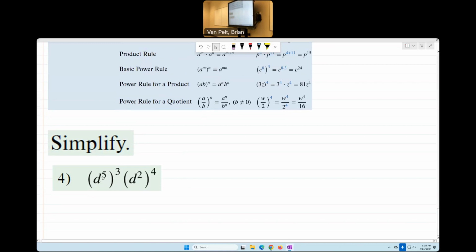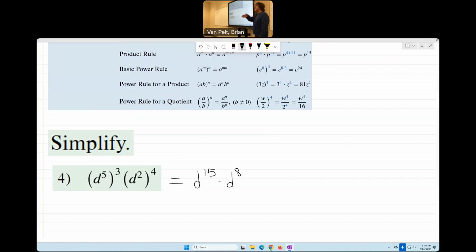What could I do with d to the fifth to the third power? The basic power rule. Well, you can take the product. So when we do the basic power rule, I'll have d to the 15 times. And if you want, you can say I used the basic power rule here because I evaluated each piece.